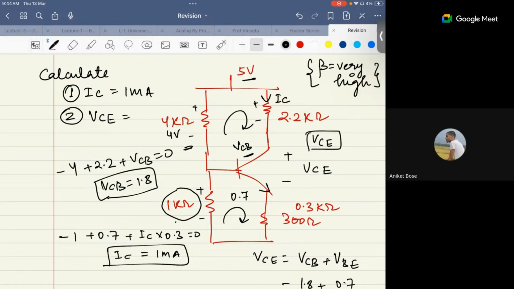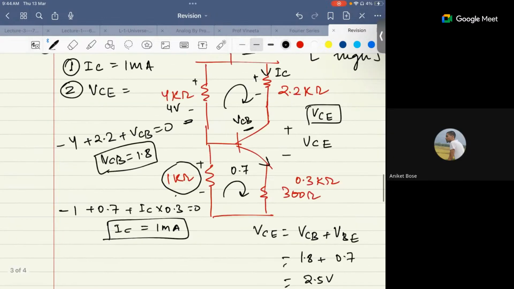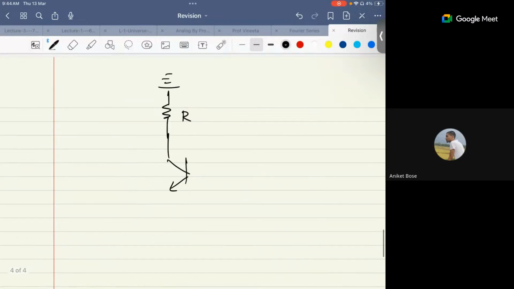Sir, can you do Thevenin with one example? Okay, we can do that. I watched Thevenin but it was not clear to me. We'll do that. Okay, so I'll solve one problem with maybe some random beta value. That will also help.